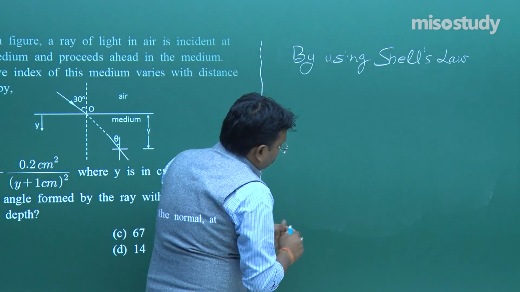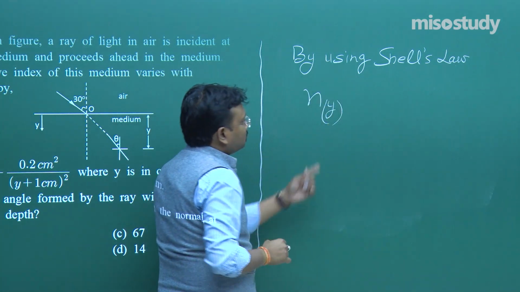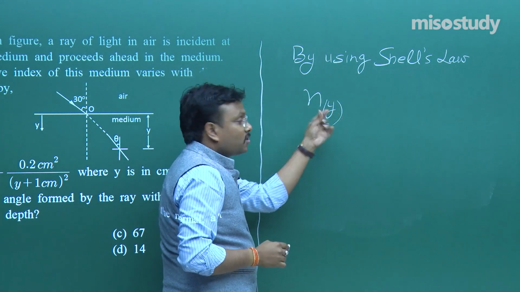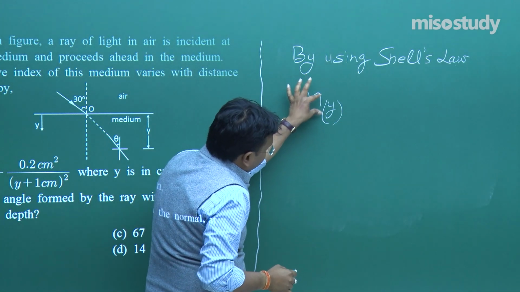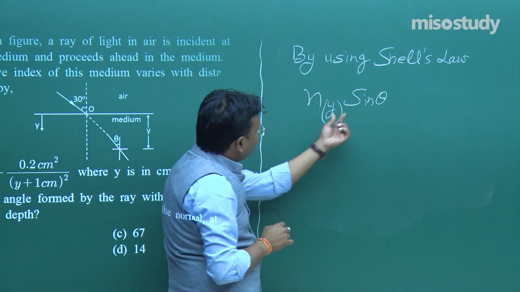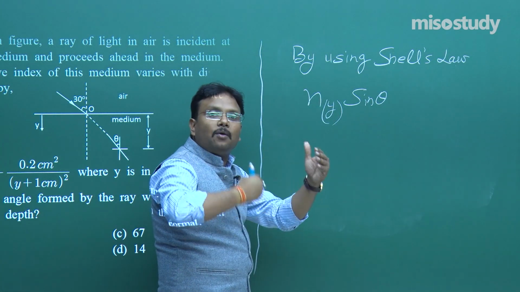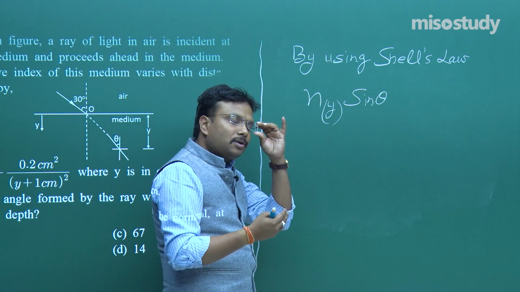Fine. Let's try to mention it. N_y, where y is in the suffix because it is showing the variation of refractive index with y, times sin theta. The actual formula is n1 sin theta 1 equals n2 sin theta 2.